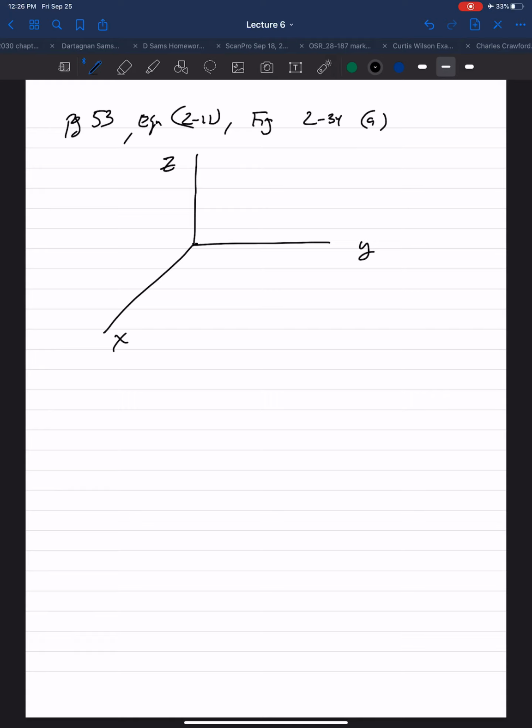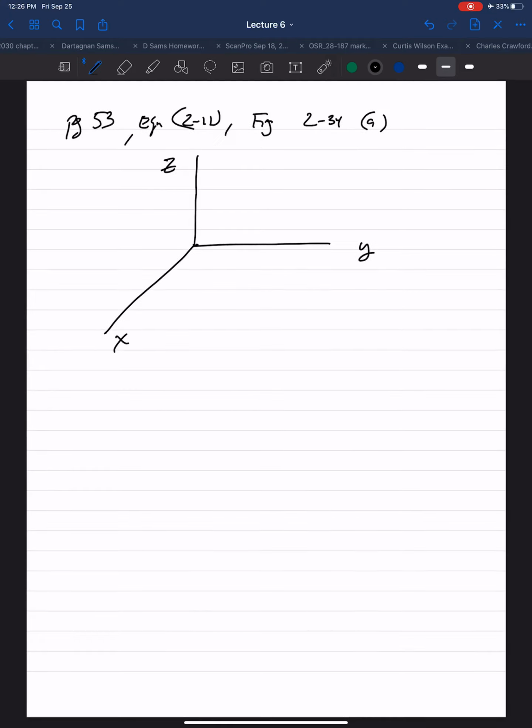So from page 53, equation 2-11, figure 2-34A: Z, Y, X axes.